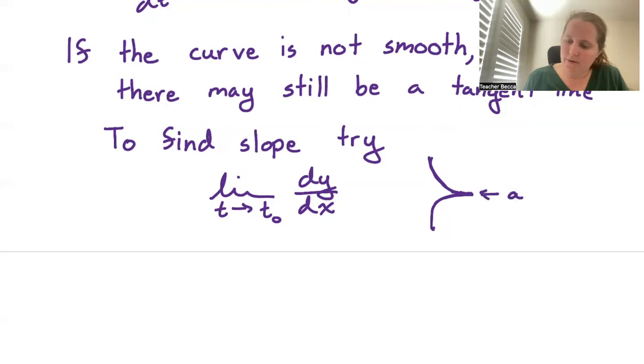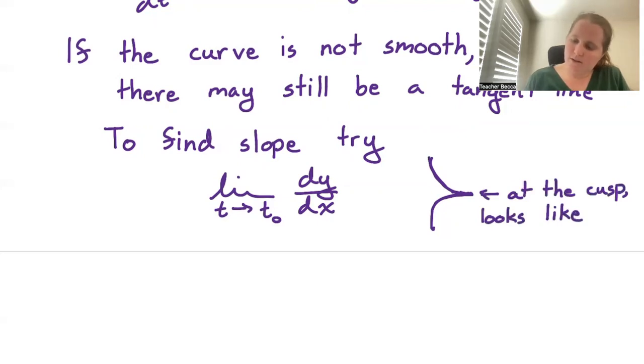So at the corner, or at the cusp, this looks like essentially y equals 0, right? A horizontal line. So just something to be aware of, even if we have this cusp, if the slopes happen to agree coming from both sides, we can still view it as having a slope existing when we have the 0 over 0 scenario.